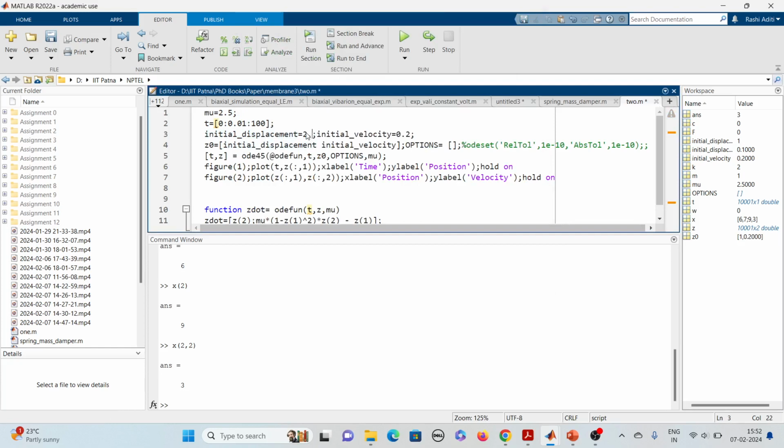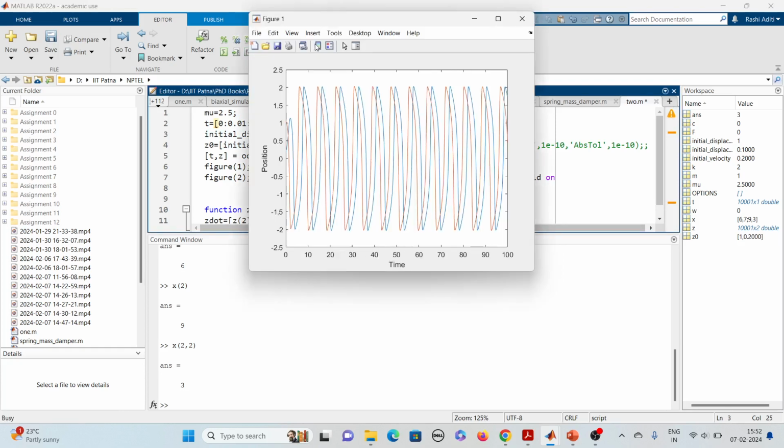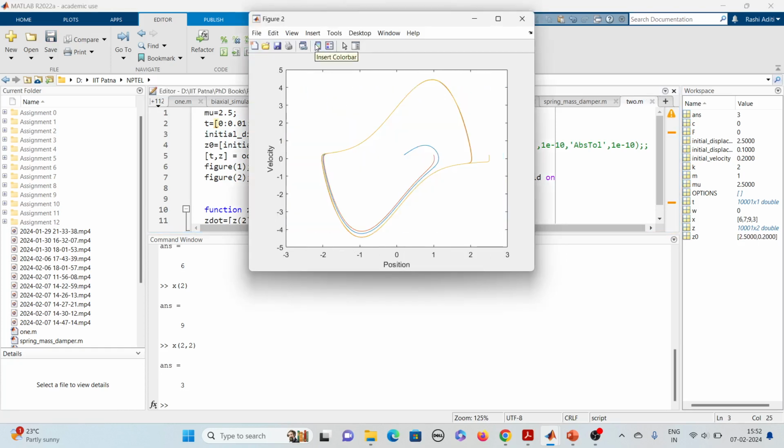And the initial condition is not going to hamper the limit cycle. It is always going to follow the same periodic loop, and that is how a van der Pol equation has a different behavior than that of a Duffing oscillator system, right?